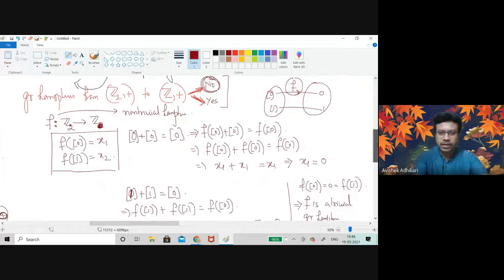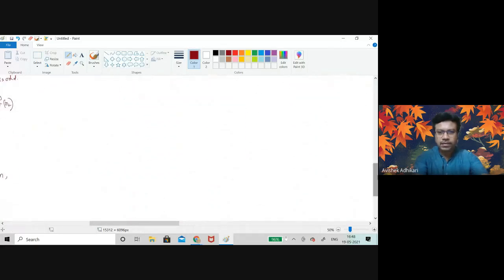Okay, let's come to another interesting observation. Let us define a mapping from S3 to Z6.